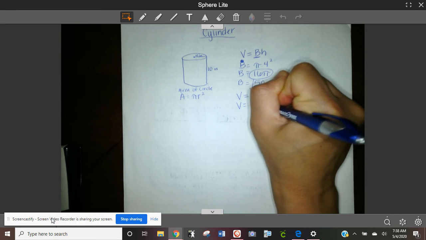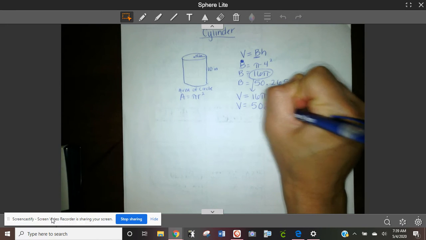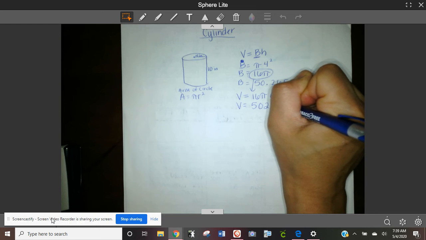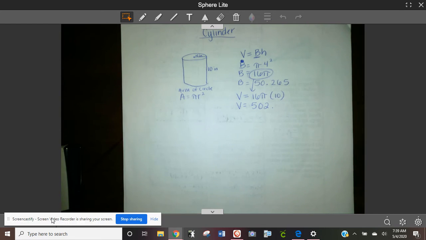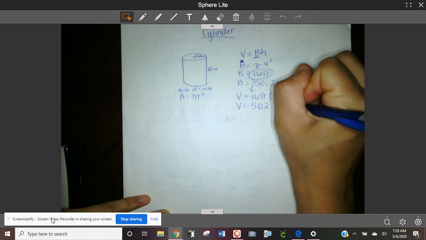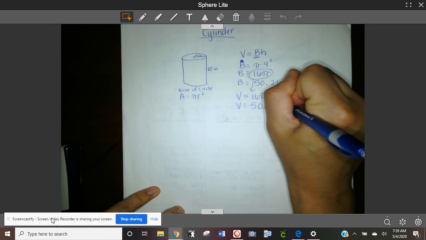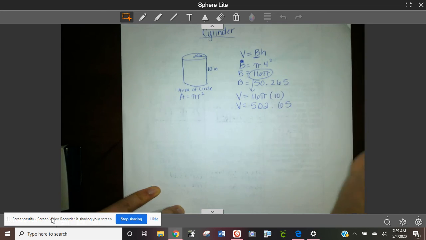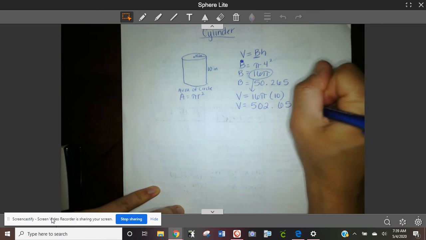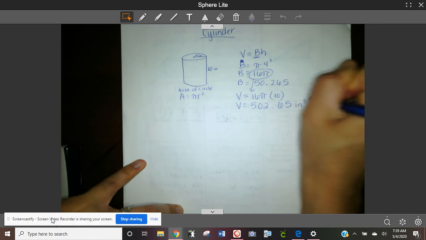So that equals 502. Right, 16 times 10 times pi. Okay, and we'll say 0.65, 65 hundredths, and that would be inches cubed.